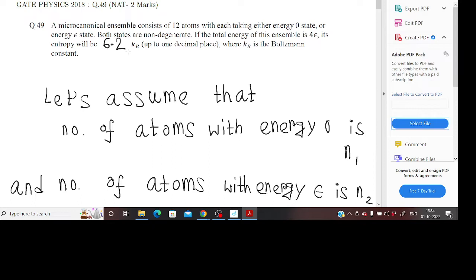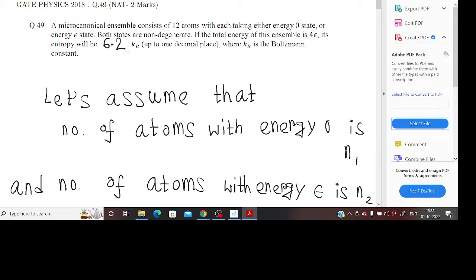So let's say there are 12 atoms. And how many ways can you arrange them? 12 factorial, right? When we consider the atoms as distinguishable, then we arrange them in that way. But it does not mention whether the atoms are indistinguishable. So just consider 12 atoms, and you can arrange them in 12 factorial number of ways.